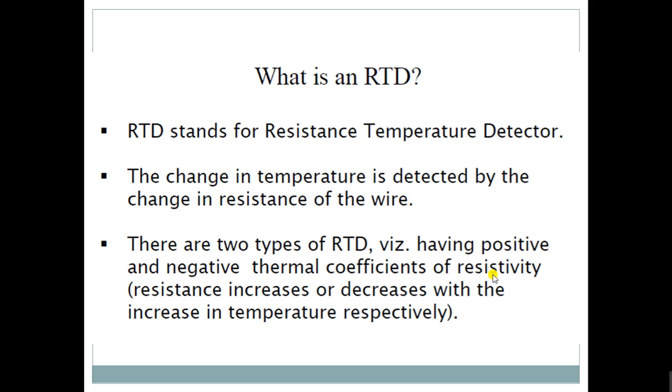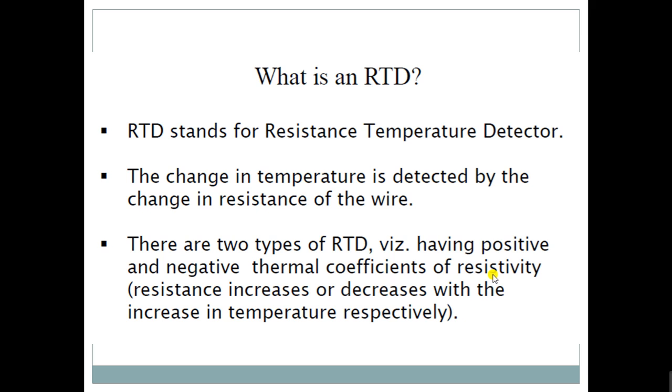Okay, so the RTD resistance varies directly in proportion to the changes of temperature. Right? And RTD exhibits a positive temperature coefficient. There are two types of temperature coefficient available, but this RTD exhibits a positive temperature coefficient.